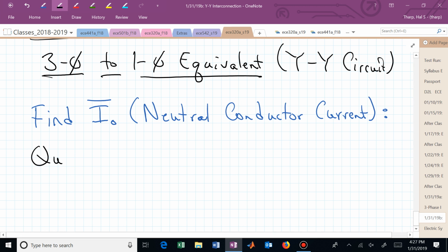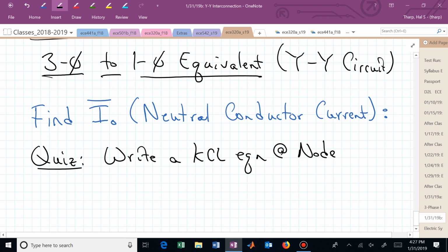And you did so well before, let me give you another quiz. Can you write a KCL equation, Kirchhoff's current law, at node little n?